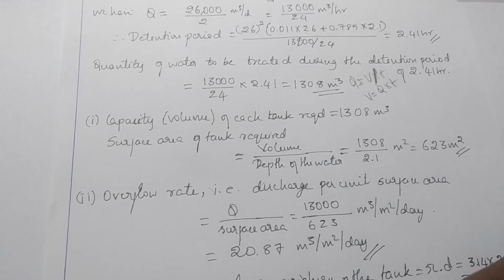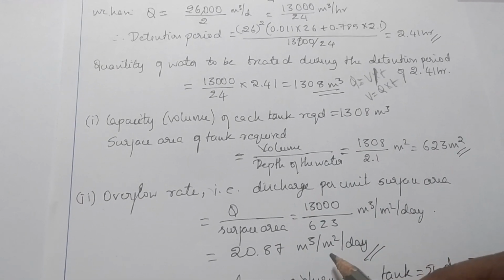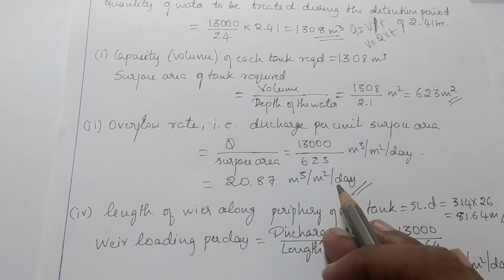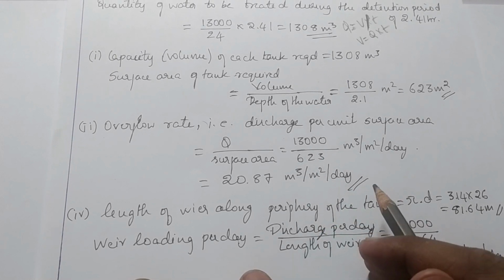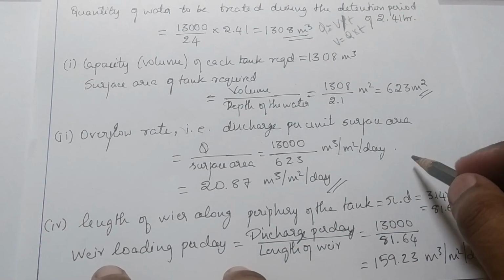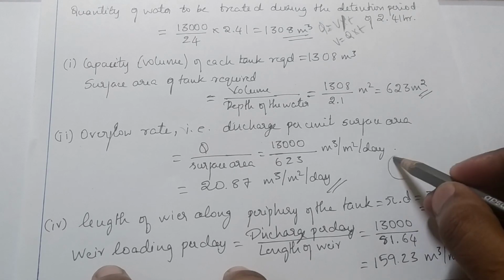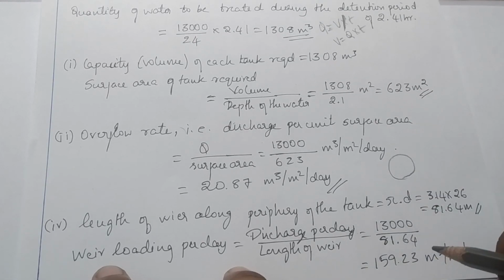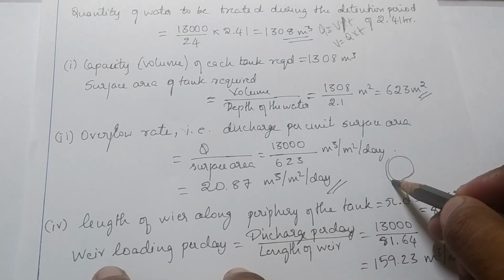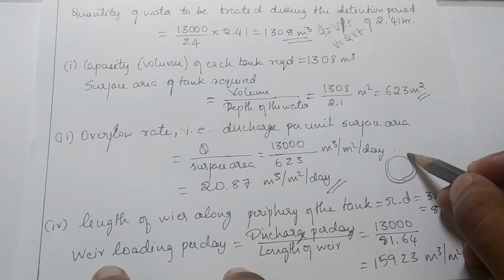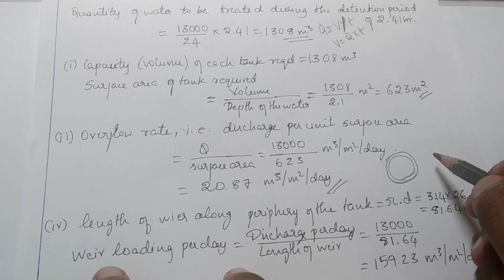This is the overflow rate expressed in terms of meter cube per meter square per day. Then it is mentioned that we need to calculate the weir loading per day. We know that within a circular tank, there will be a weir, that is the outlet zone, where the clear water will be taken out.